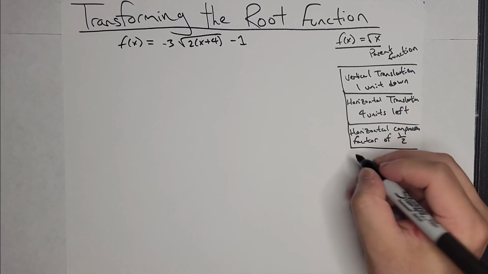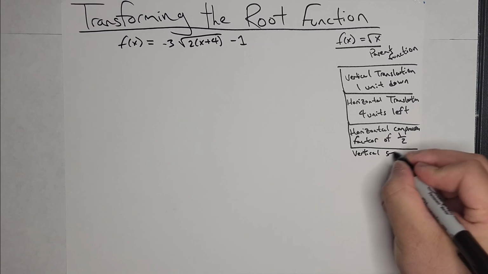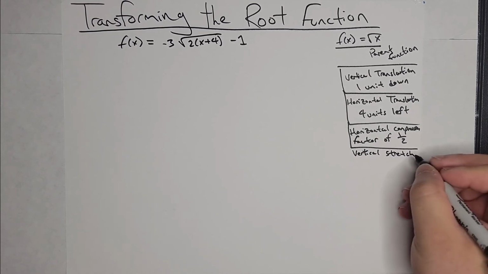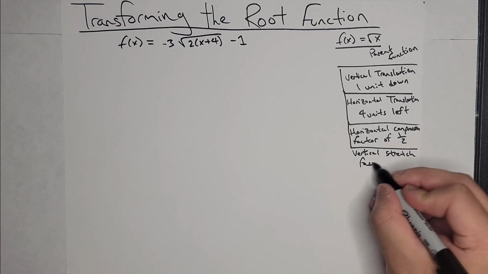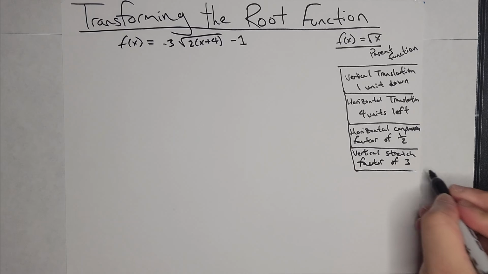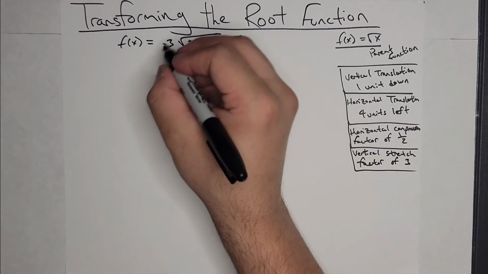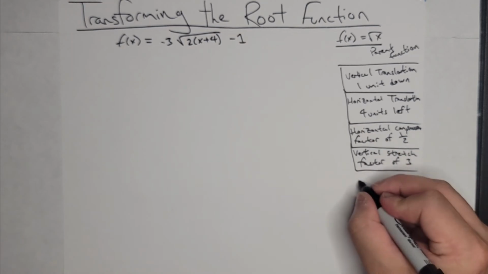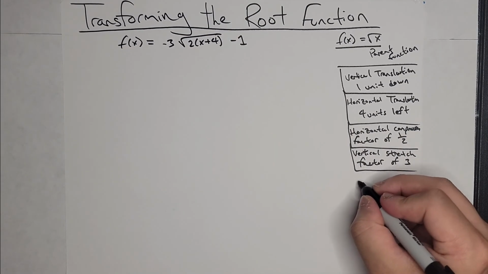And then we have a vertical stretch by a factor of 3, which is that. And then I almost missed that, it's the negative sign. So we're going to have a reflection on the x-axis.